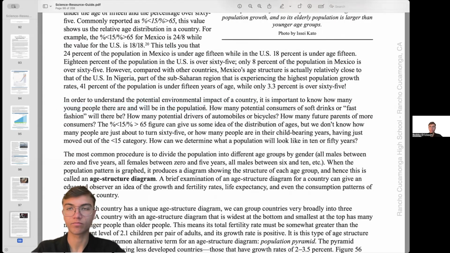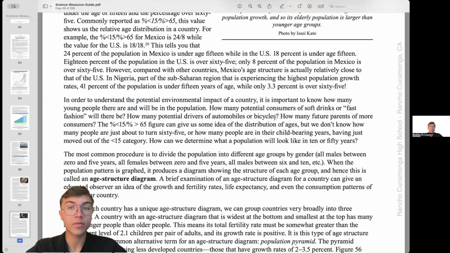If we think about it, younger people are potential customers of soft drinks, fast fashion, automobiles and bicycles. So if there's a greater percentage under 15, maybe consumption will be greater.